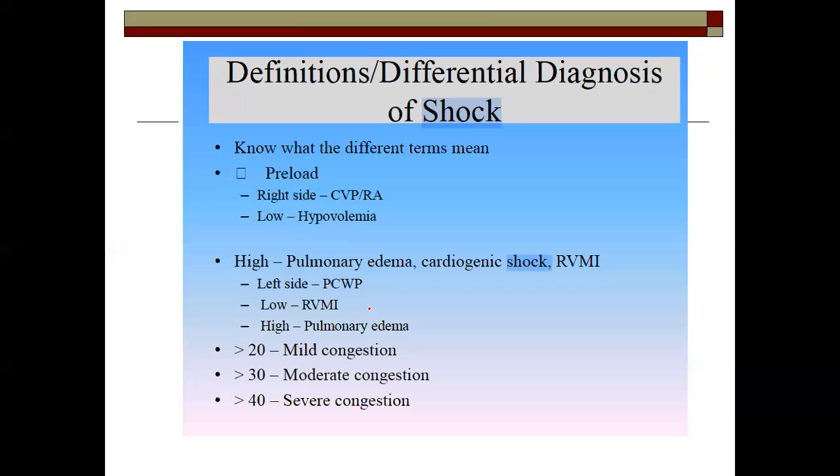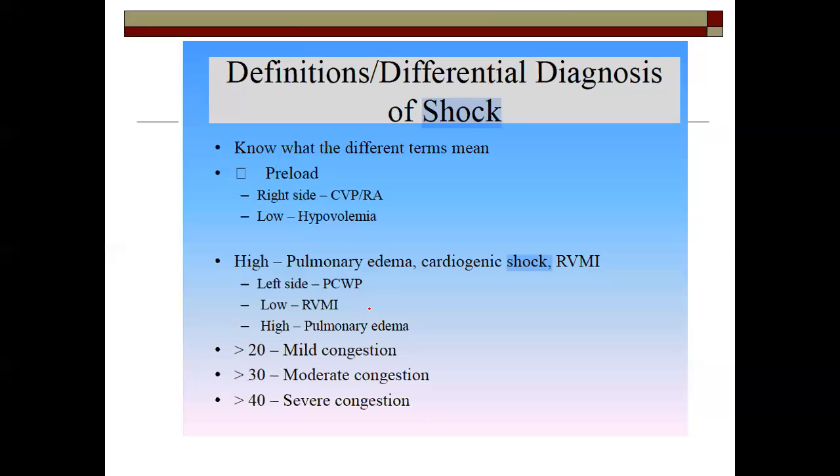Real quick, definitions of shock. I added this one last night. I kind of forgot I did that. This is what happens when you drink beer and work on slides. So know what the different terms mean when you're talking about pressures. CVP and RA pressure are the same thing. Know that a patient with a high systemic shock, like left-sided, has a high pulmonary wedge pressure.